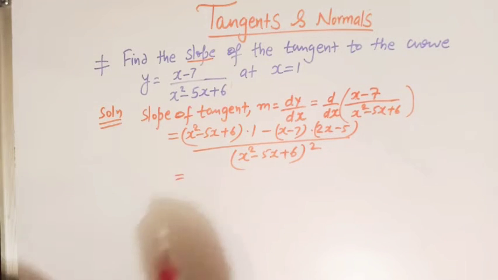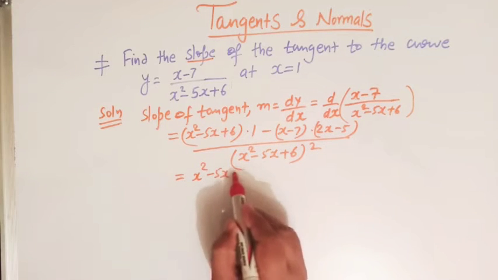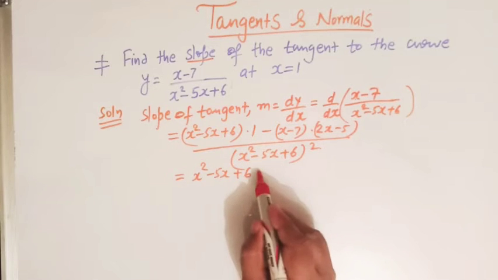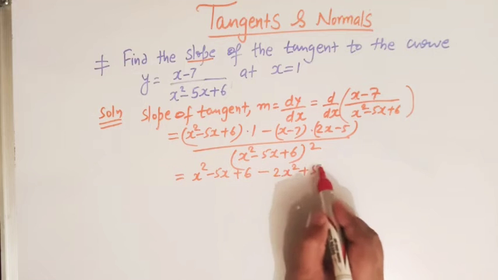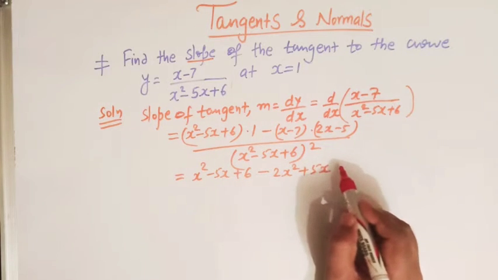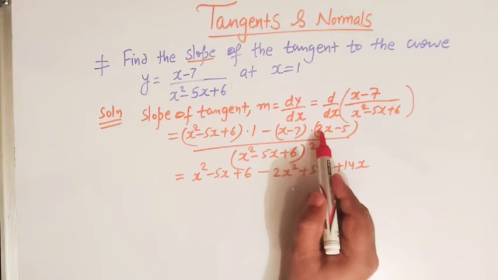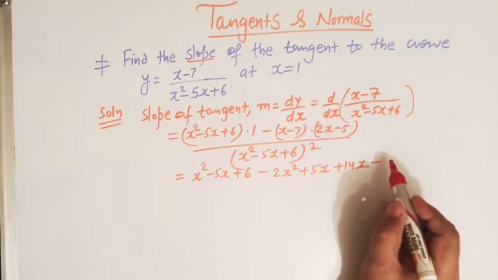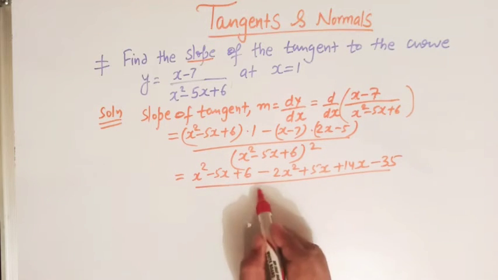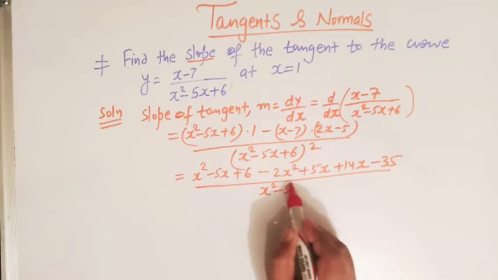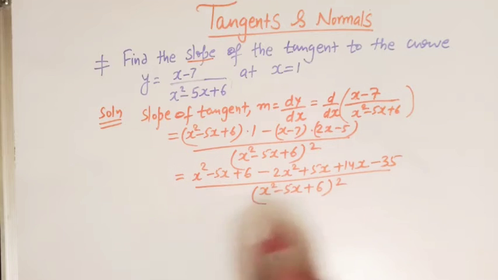Now if we simplify this expression, we have x square minus 5x plus 6, and then we have minus 2x square plus 5x, and then we have plus 14x, and then we have minus 35. Clear? And here we have in the denominator (x square minus 5x plus 6) whole square.